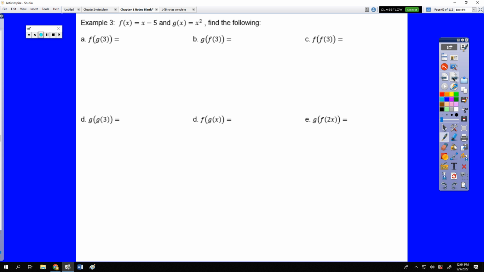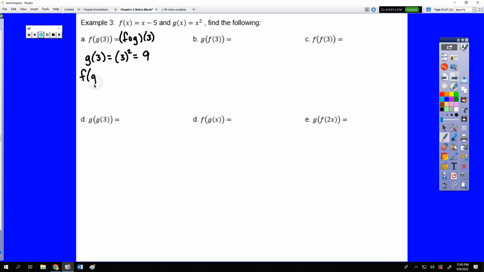So here in example 3, we have an f of x and a g of x function provided in the directions, and we're asked to evaluate various function values. So if we want to find f of g of 3, first of all, we need to remember that that could be written as f of g of 3 as well. That means the same thing. So what we do first is we find the value of g of 3. Now we've done that many, many times. We should know that we're supposed to plug that in for x in g of x, which would give us a value of 9.